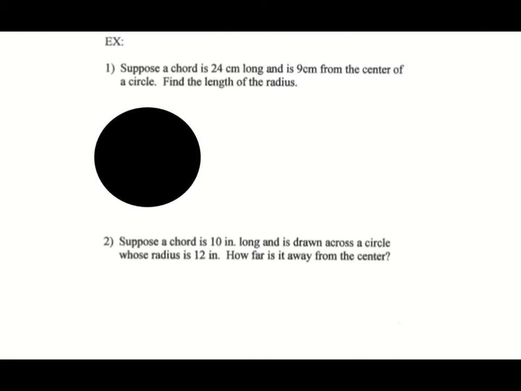Alright, our next example says suppose a chord is 24 centimeters long and is 9 centimeters from the center of a circle. So let's draw that out. We have the center of our circle, and we have a chord. A chord goes between 2 points on our circle, not through the center, because we know it is 9 centimeters from the center, and our chord is 24 centimeters long. We want to find the length of the radius.